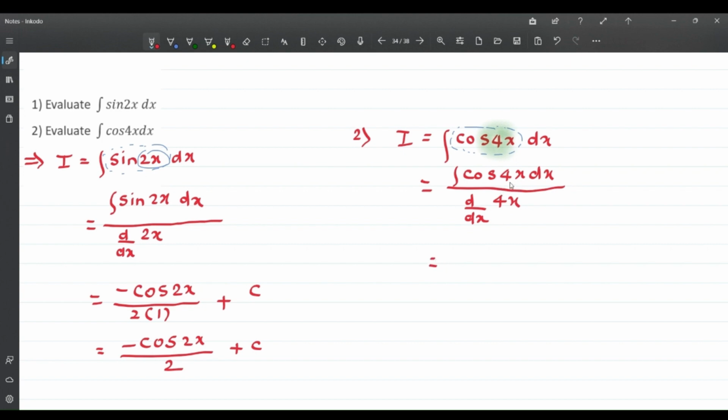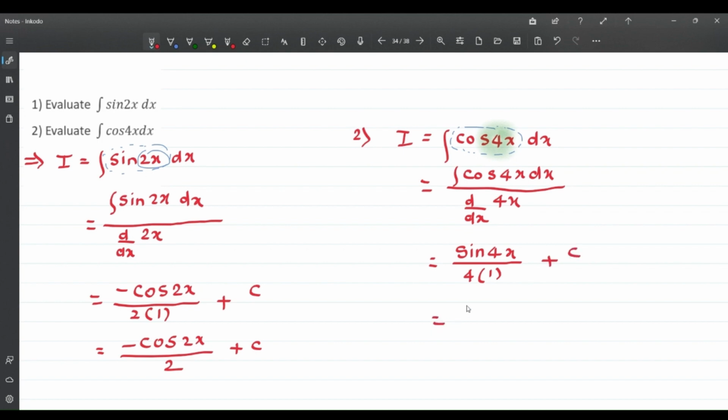The standard formula for the integration of cos x is sin x. So the integration of cos 4x is sin 4x, divided by 4, which is a constant, into the derivative of x with respect to x, which is 1, plus c.